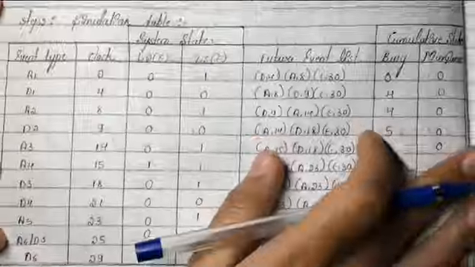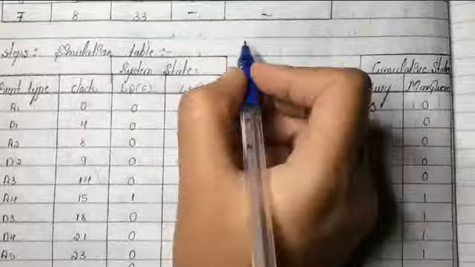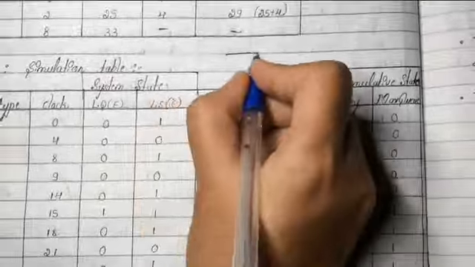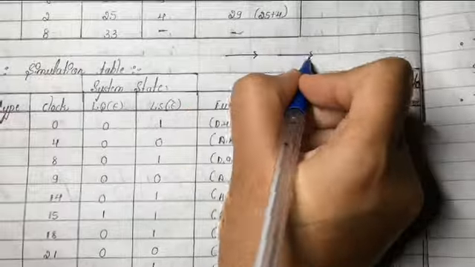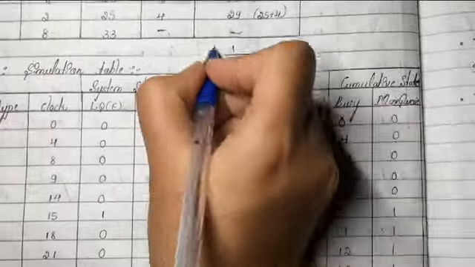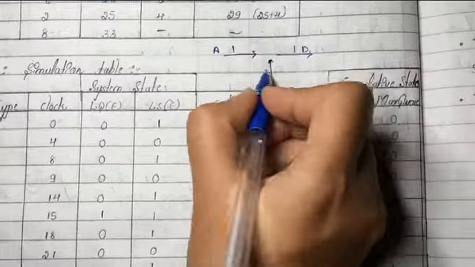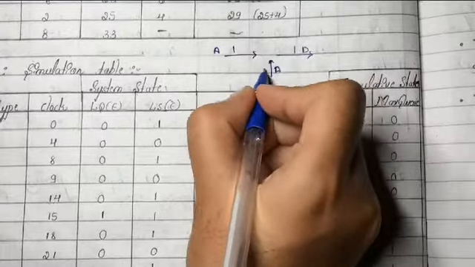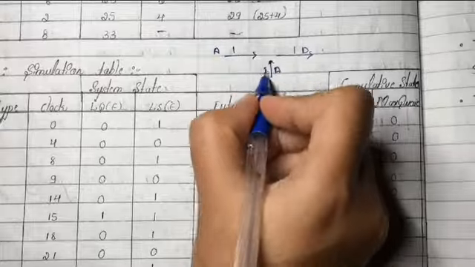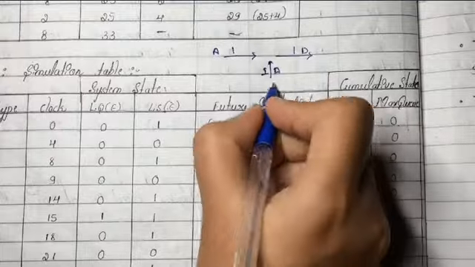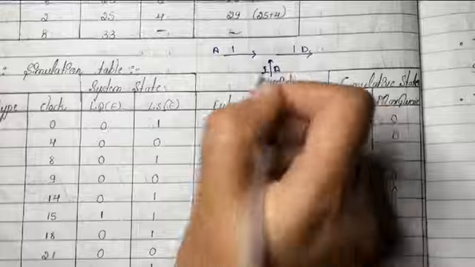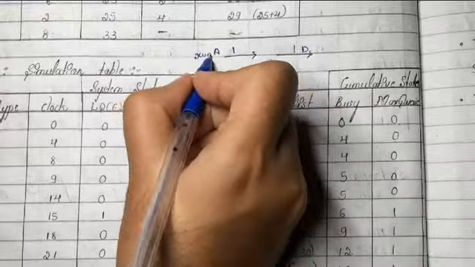Now the simulation table. Just remember the diagram which I showed in the previous video. For the current customer, arriving and departure value should be 1. If any middle arrival occurs, then that value should also be considered as 1. This is the middle and this is the running stage.